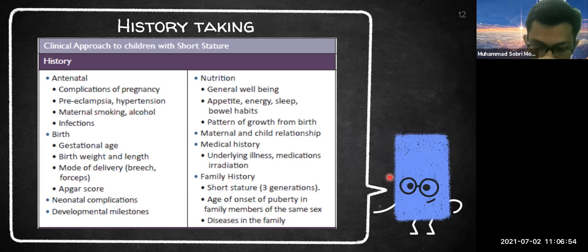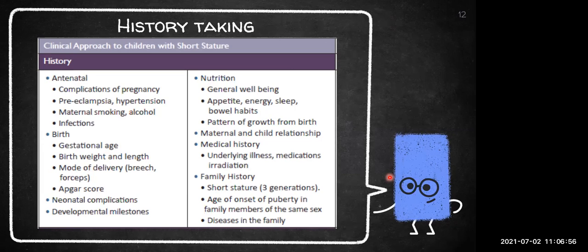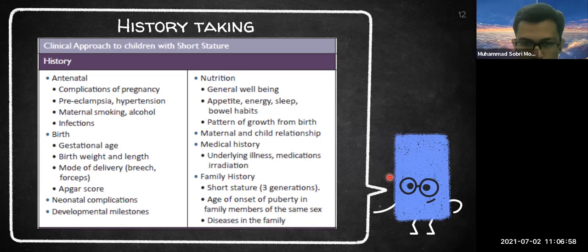Then medical history for underlying illness and medication, also history of irradiation, and also familial causes. So we also have to inquire whether there is a family history of short stature, about 3 generations, and age of onset of puberty in family members of the same sex. So, diseases that run in the family.